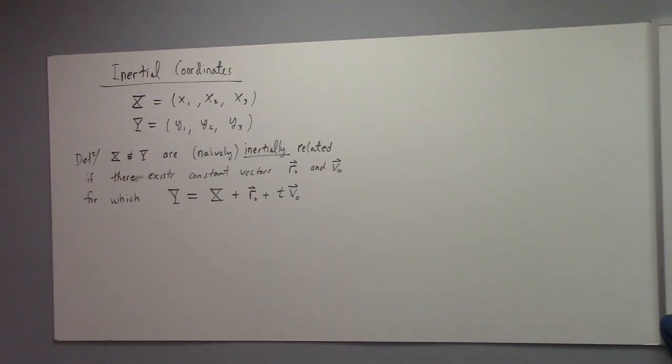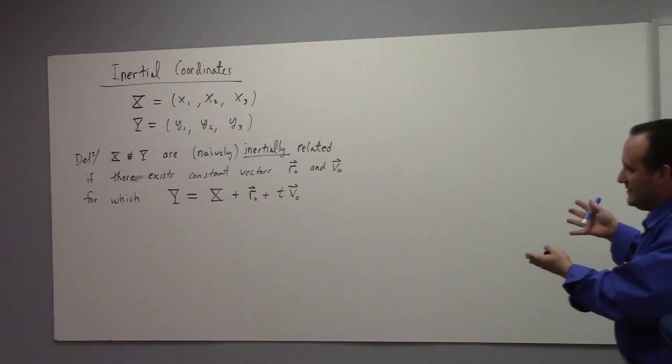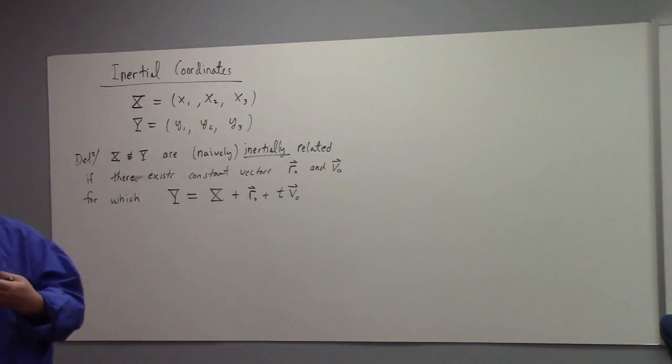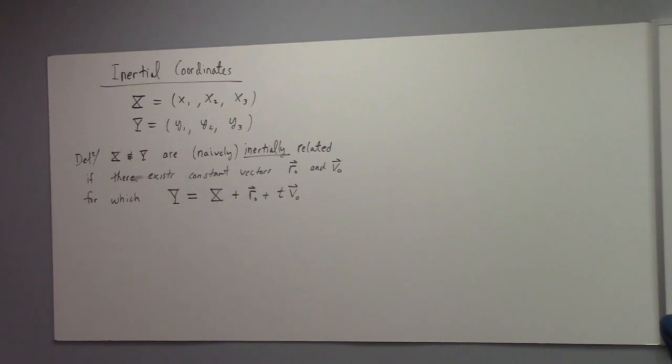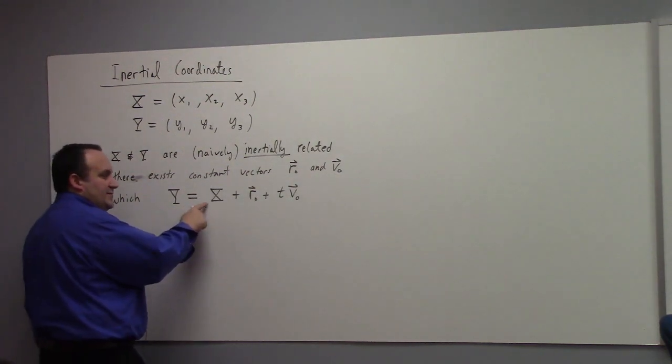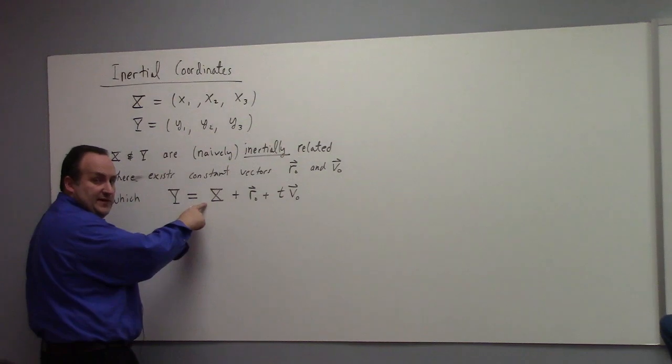Now, I think I might have said this last time. Well, at least I implied it, perhaps. It's not wrong to say that if this is the case, they're inertially related, but technically speaking, the concept of inertially related coordinate systems in classical mechanics is a little bit more nuanced than this, because you're actually allowed to insert a rotation matrix here, a fixed rotation matrix.